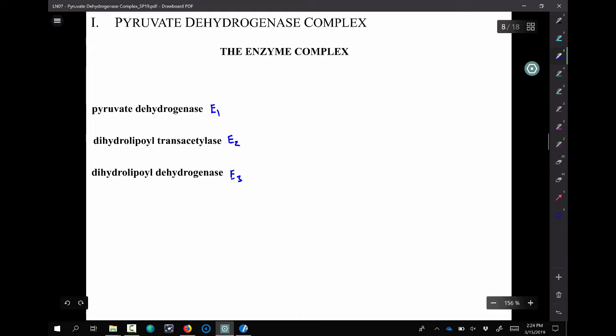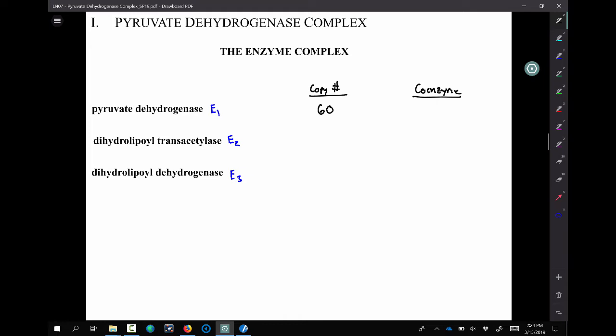Now, to give you some sense of this, let's say copy number here. And then we'll say coenzyme here. Make kind of a table here. Pyruvate dehydrogenase complex, the ones that we've observed in mammalian cells, have 60 copies of E1.